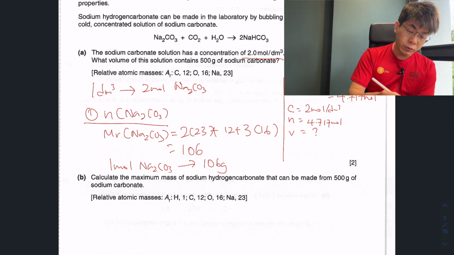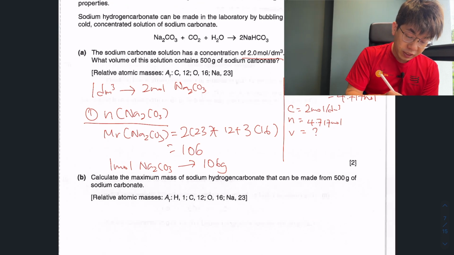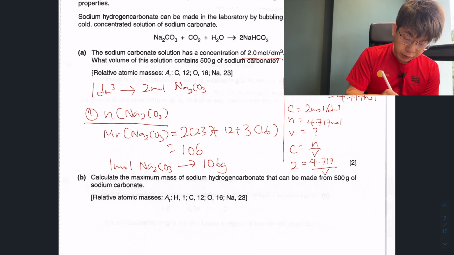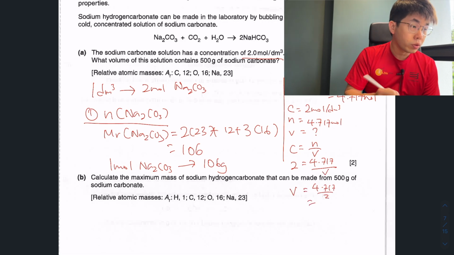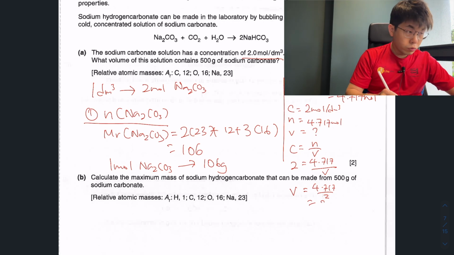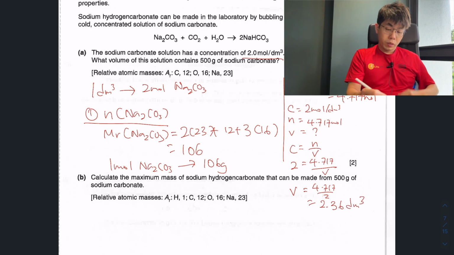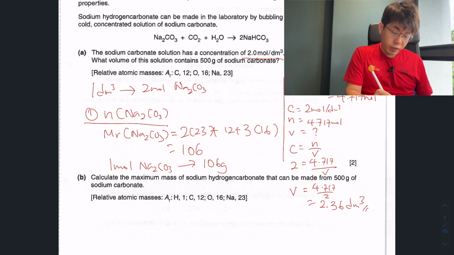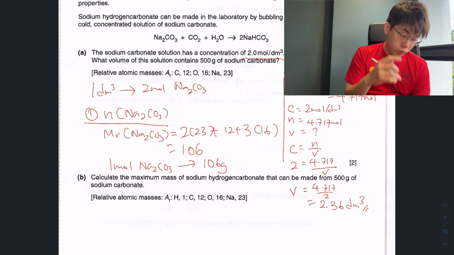So what I need to do now is C equals N over V. 2 equals 4.717 divided by V, and V equals 4.717 divided by 2, which gives me 2.36 dm cube. So that would be my final answer, 2.36 dm cube.